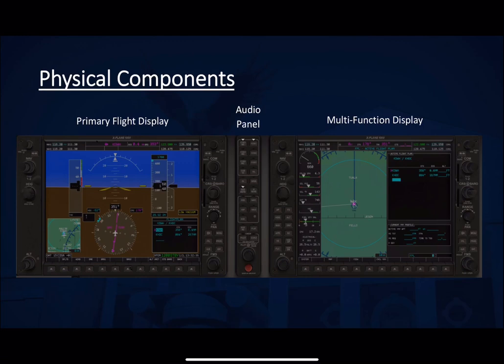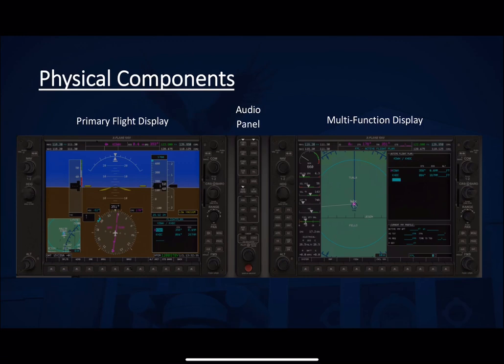The physical components of the G1000 are the primary flight display, which is on the left in front of the pilot, the audio panel in the center, which is what you use for selecting your comm and nav radios and some other audio settings, and then the multifunction display, which has things such as your engine gauges, moving maps, stuff like that.